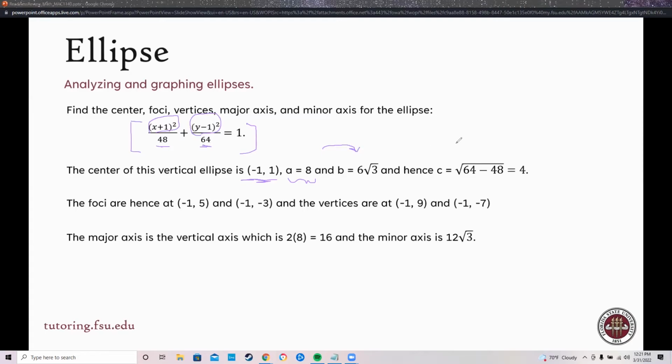Then you can use the a squared minus b squared is equal to c squared fact to get this thing. So you have c is equal to 4, a is equal to 8, b is equal to 4 root 3. You know what h and k are, because h is -1 and k is equal to 1.